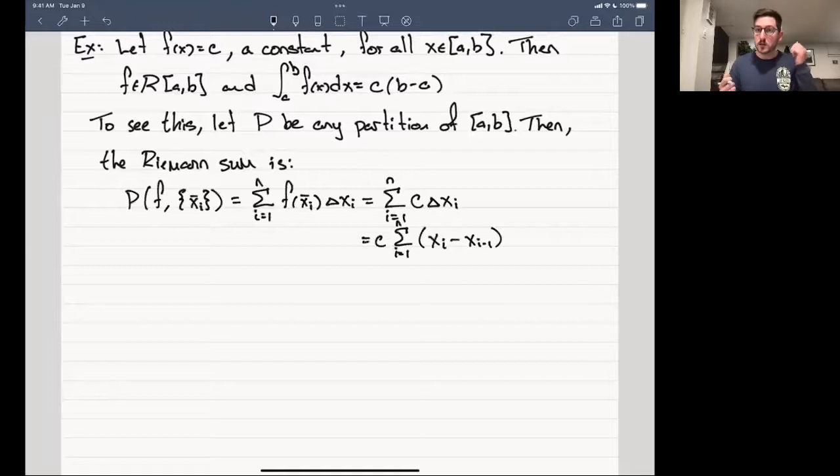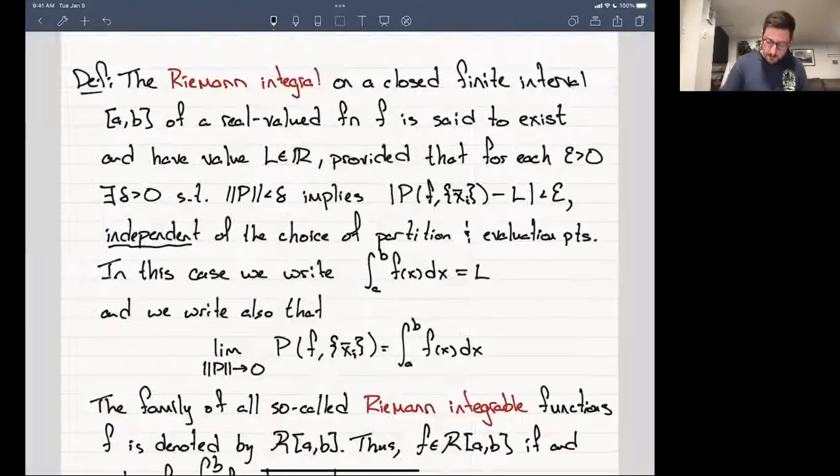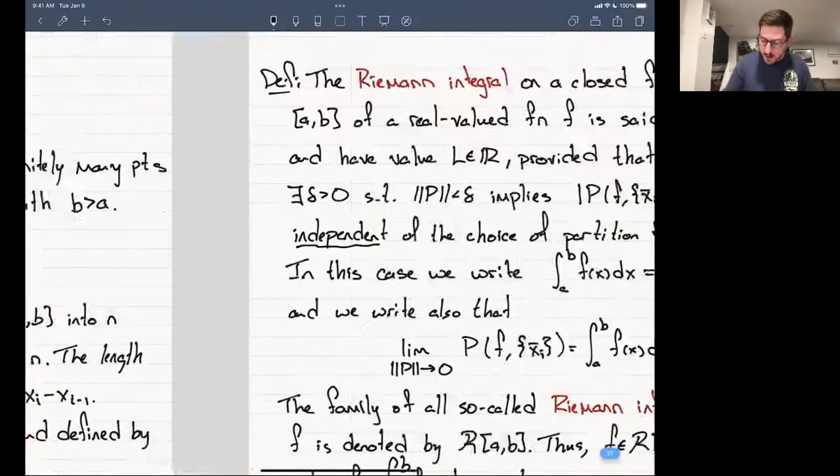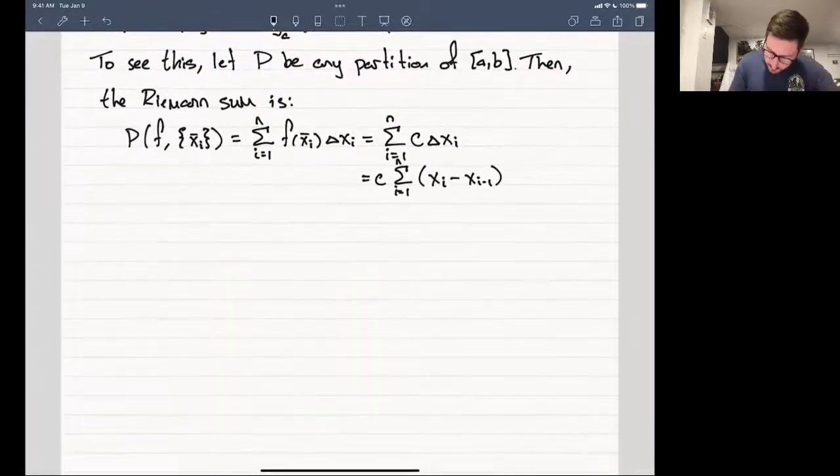You're left with just the beginning, x0, and the end, xn. But we remember, if we go back, that xn is b, x0 is a. So this leaves me with c times b minus a. And so therefore, every single Riemann sum always gives me c times b minus a.